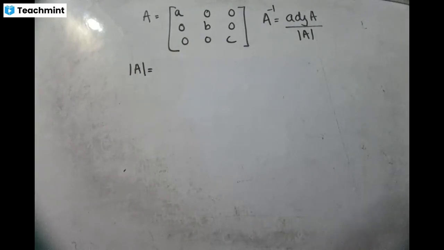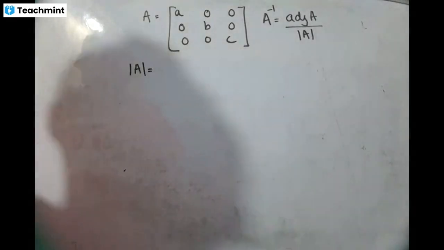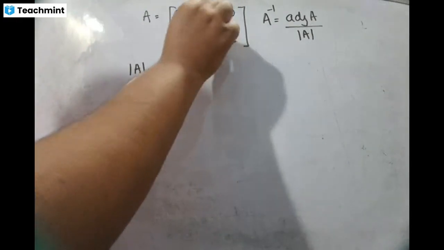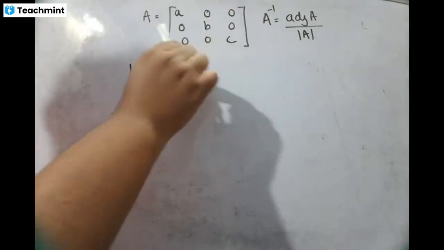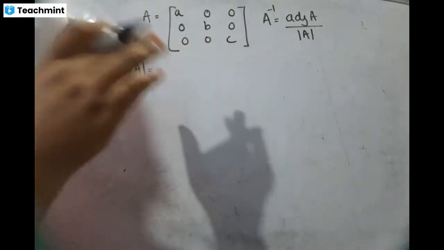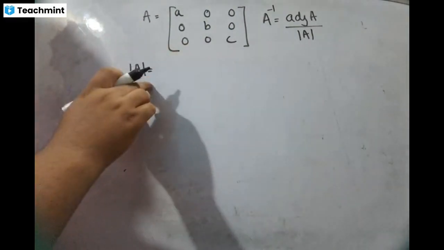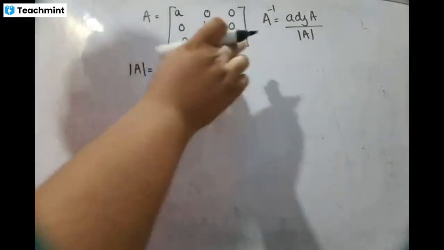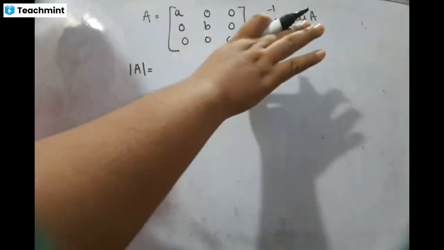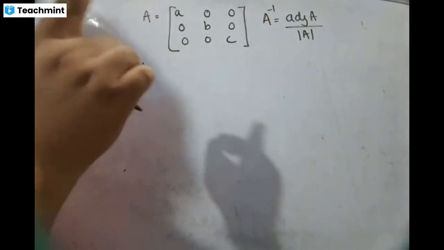And this is a special type of matrix. It is called a diagonal matrix. Diagonal means only the diagonal elements will be non-zero, the rest is going to be zero. If you come across a diagonal matrix, then the determinant of the diagonal matrix will be the product of the diagonals. That's it. You don't have to expand anything, and this is applicable only for a diagonal matrix.